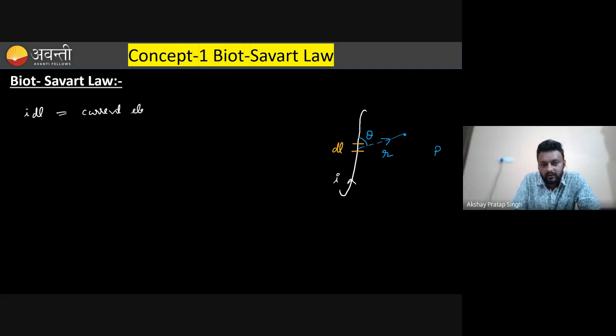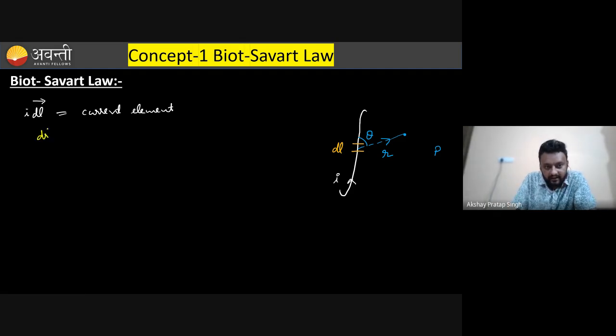Remember it with me. It is going to be called the current element. Now, another big thing here is this Idl is considered to be a vector quantity. That means it must have a direction. I will discuss the direction. So this is known as current element and it is a vector quantity. So what is the direction, sir?